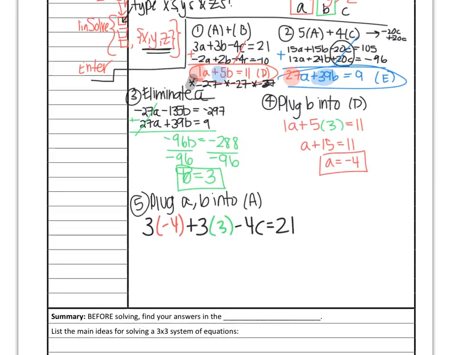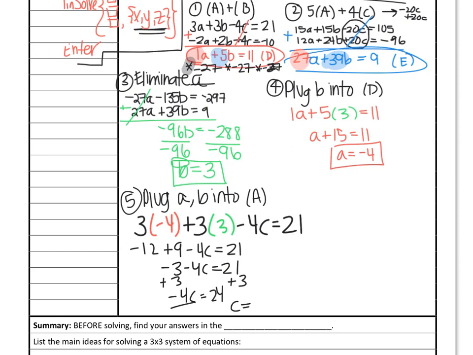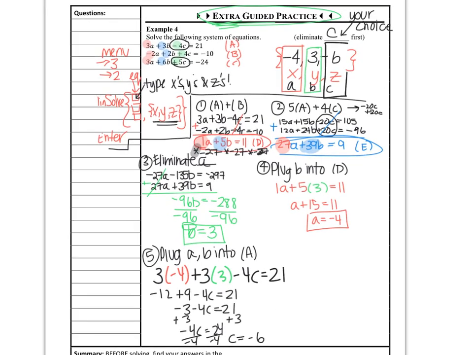So when I take a minute to solve this one, we've got -12 plus 9 minus 4C equals 21. So a -3 minus 4C equals 21. Add 3. -4C equals 24. C, when I divide, should be -6. So when I go back up to my paper at the top, C is in fact -6.